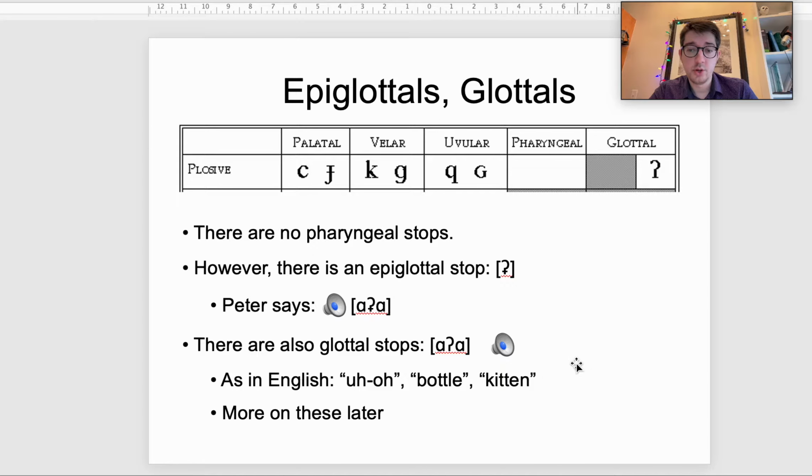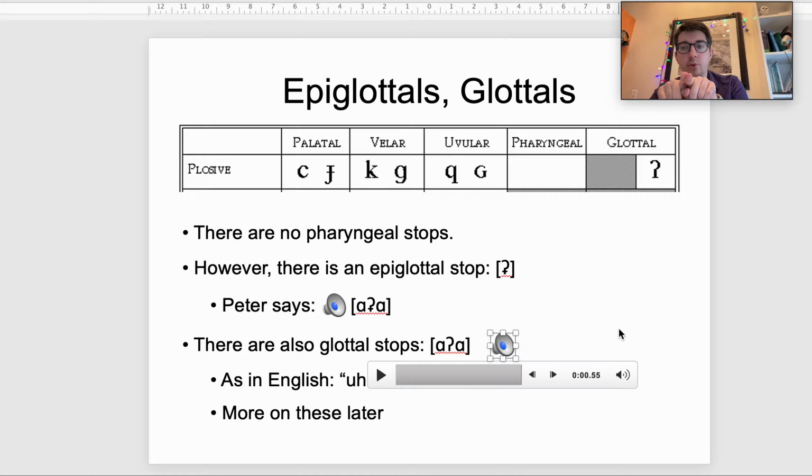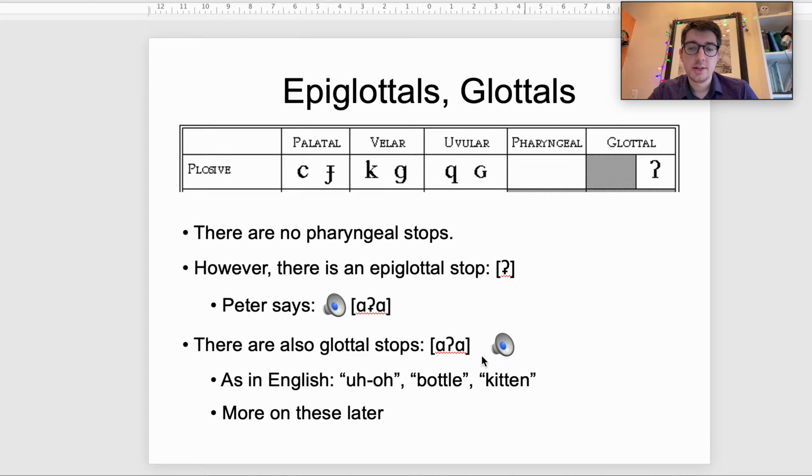There are also glottal stops, as in this one. You're basically squeezing your vocal folds and not allowing air to pass through for a brief period of time.